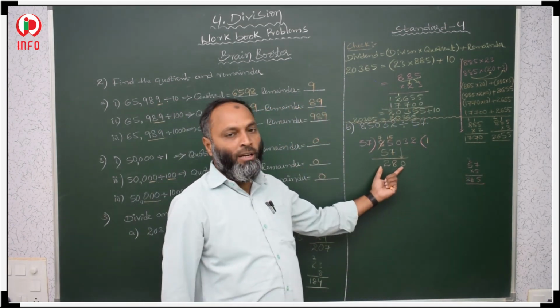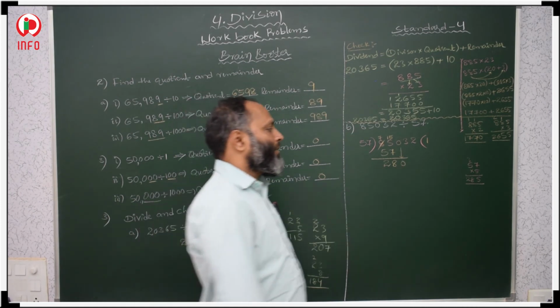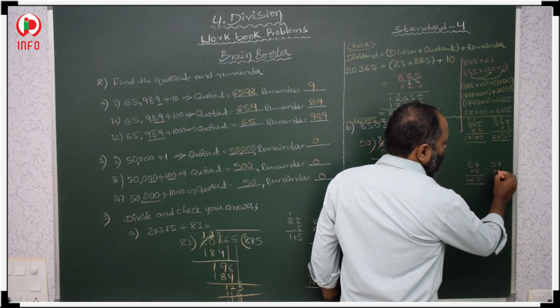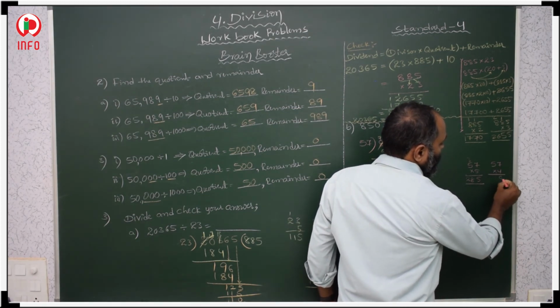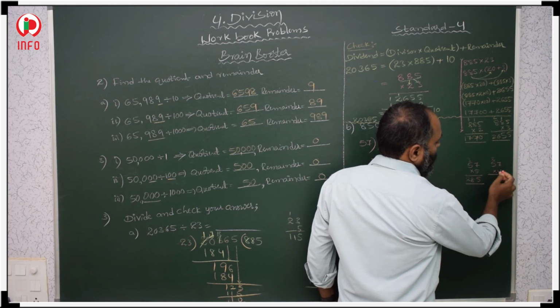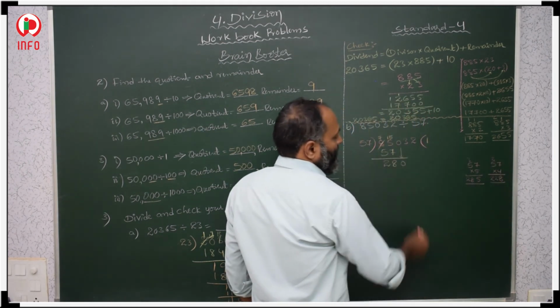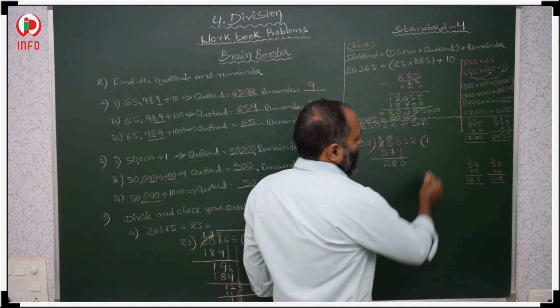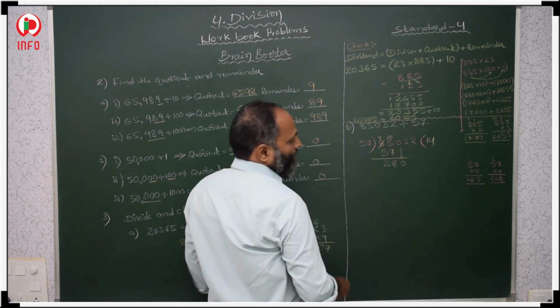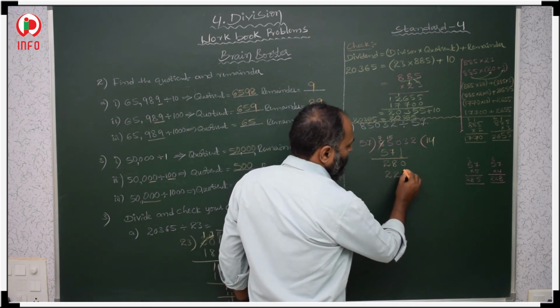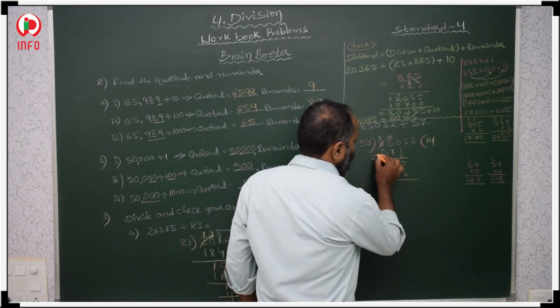It is more; we have 280 only. It means we have to take 57 fours. 4 7s are 28, 2; 4 5s are 20 plus 2, 22. So 57 fours are 228.